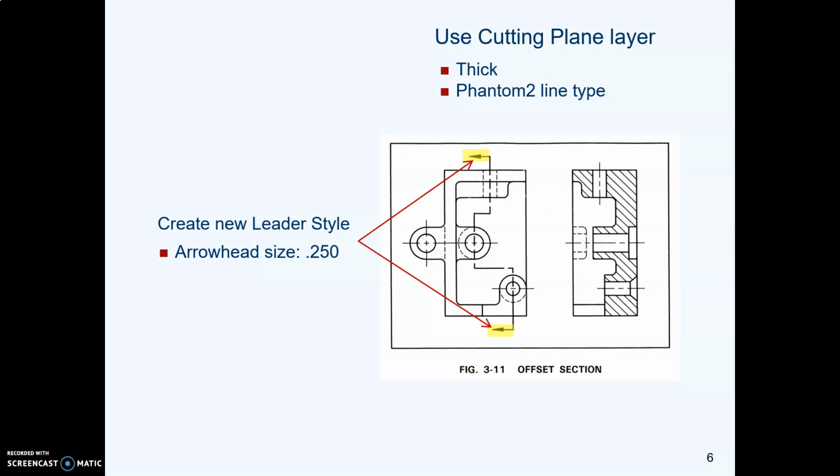Well, that means you need a new leader style. So you probably have an existing leader style where your arrowheads are 1/8 of an inch long, and we'll just leave them that way. You can go into leader style and create a new style, and you could call it cutting plane or something like that, and just for that one style, make the arrowheads 1/4 of an inch long. In other words, they're twice as big as a dimension arrow.